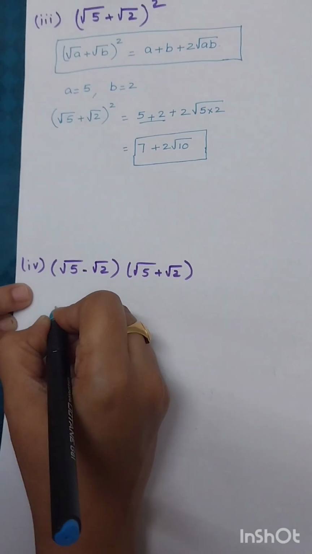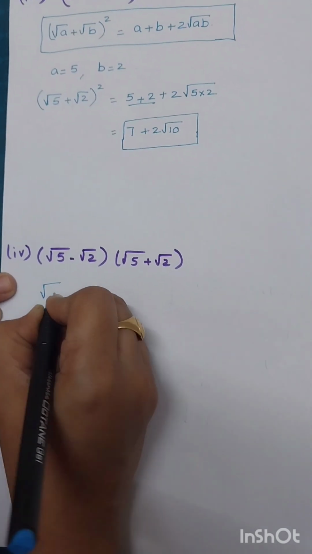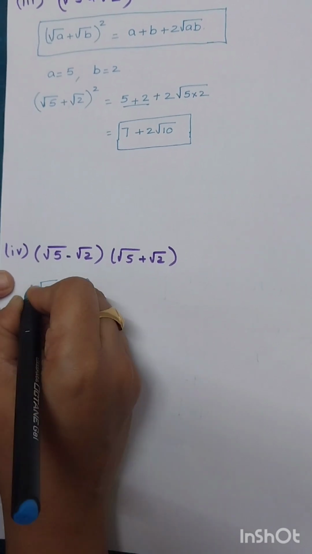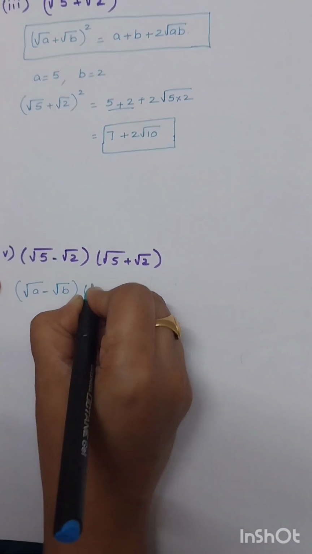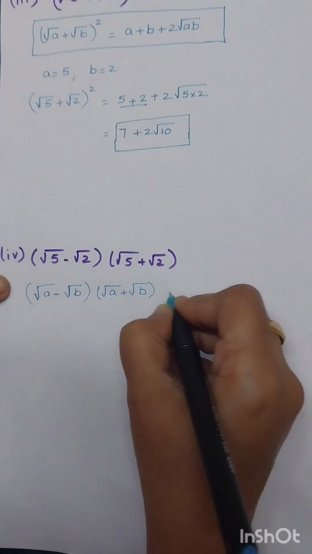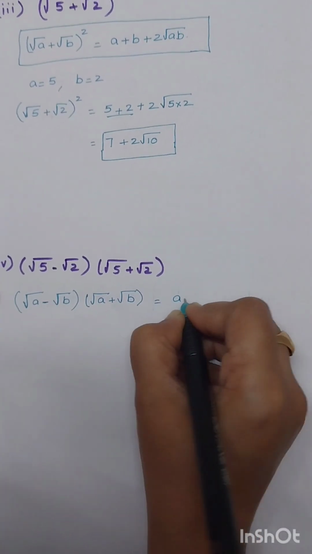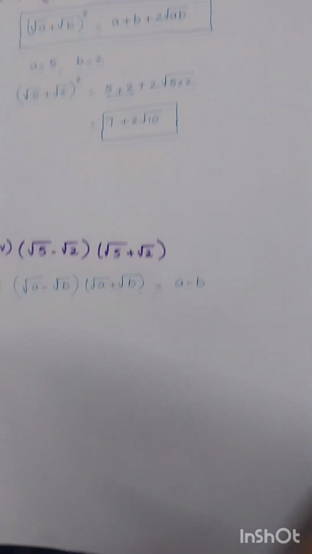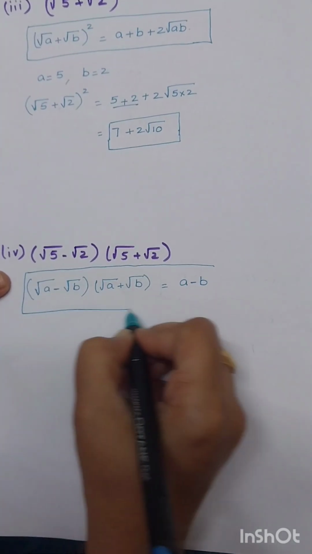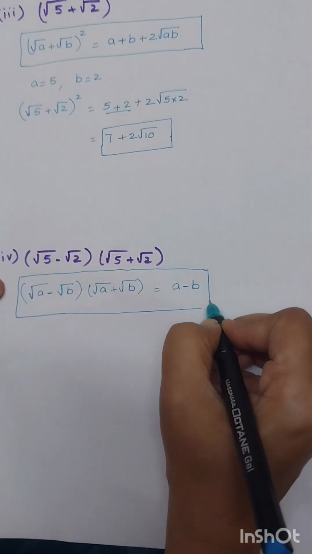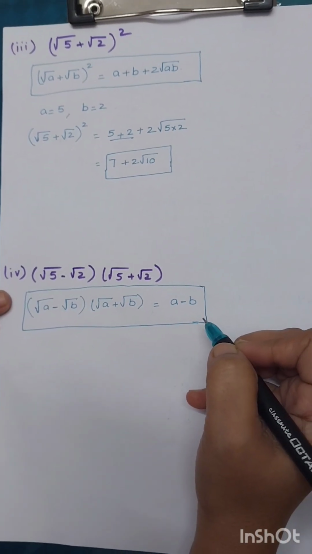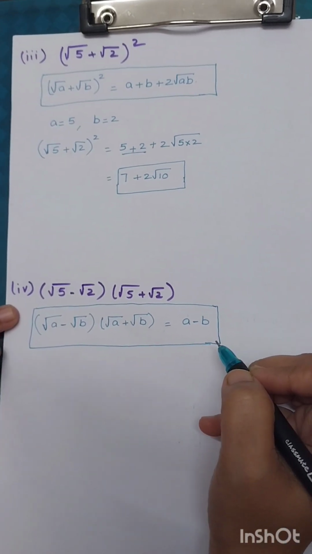So it is (root a minus root b) into (root a plus root b) will give a minus b. This is the identity we are going to use here. If you need this identities list, I have provided the link in the description box. You can just check it out.